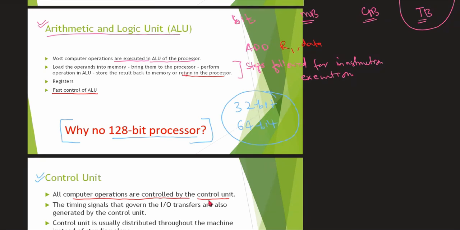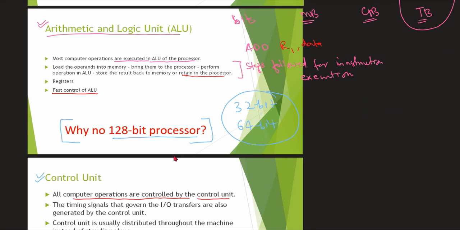For that, the control unit will activate signals like memory read. Once the memory read signal is activated, along with that it will put the address on the address bus, from which memory address the data should be read.